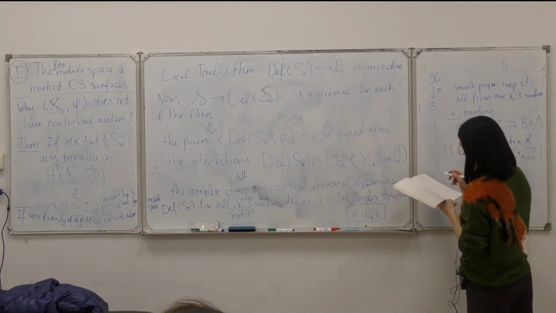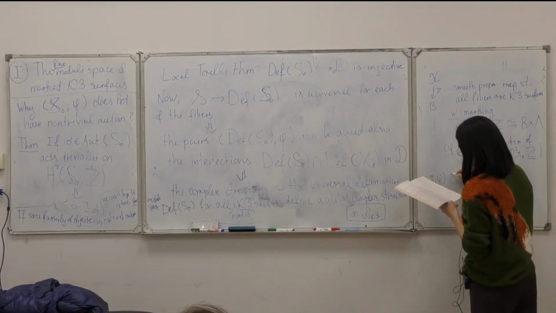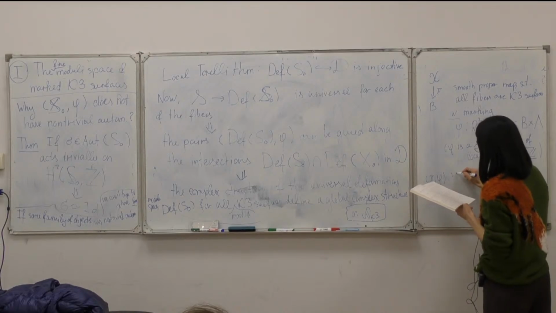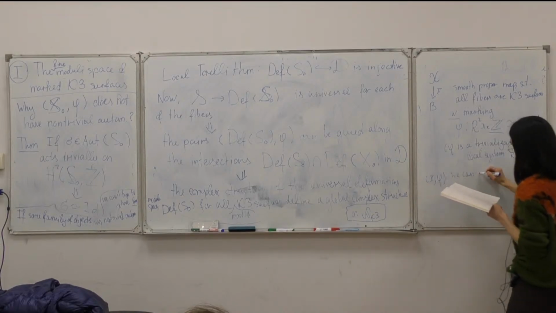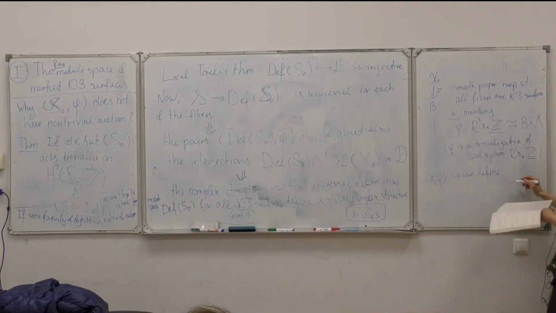For a family of marked K3 surfaces, we can define, guess what? What map?